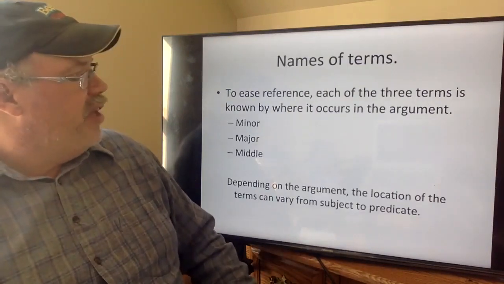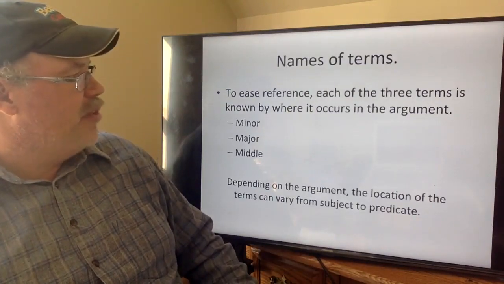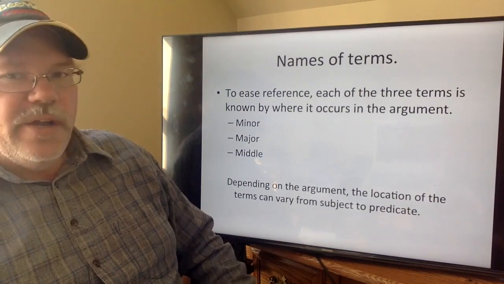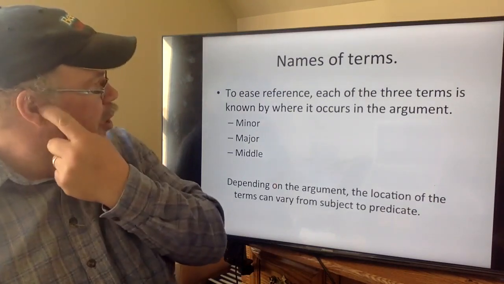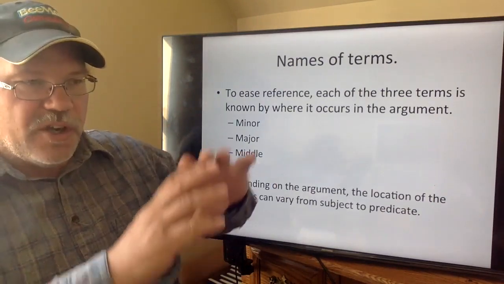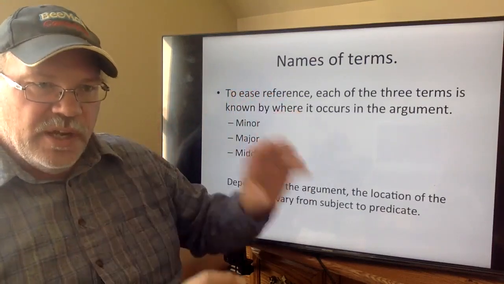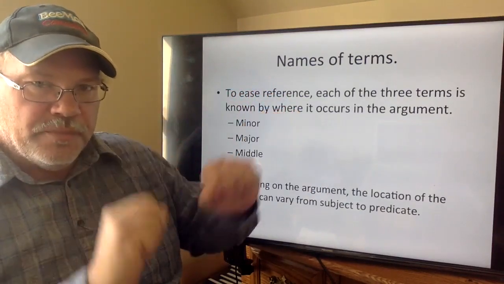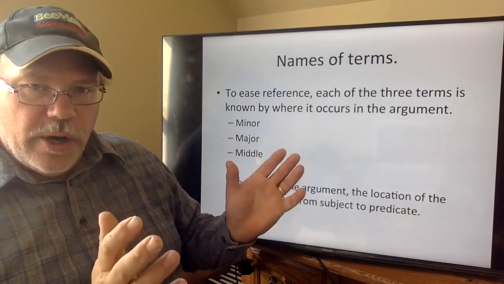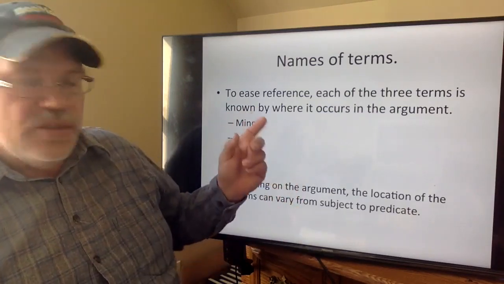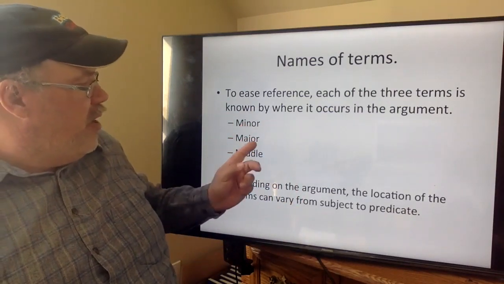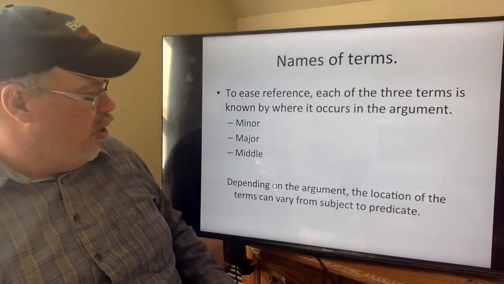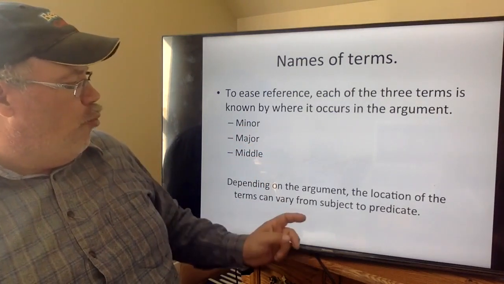We're going to give these terms names according to where in the argument they occur. Within the context of a statement, they're subject and predicate. Within the context of an argument, those same things become either the minor, the major, or the middle terms, depending on where they are.